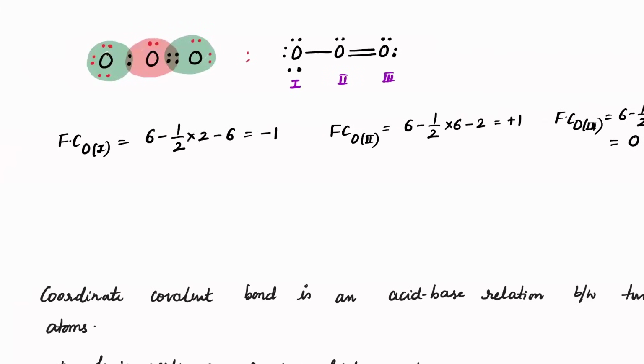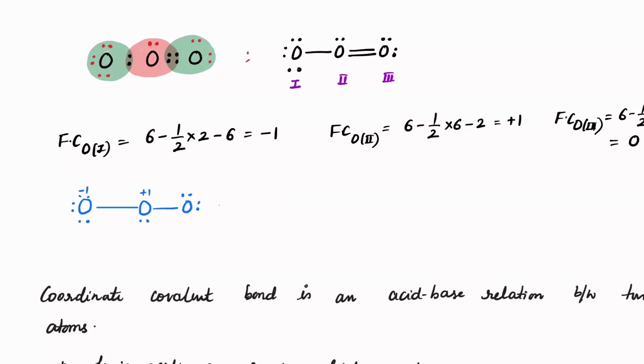So if I have to express it in dative bond form, I can write it like this. First let me write it in terms of formal charges: minus 1, plus 1, and oxygen. This is in terms of expressing with formal charges.